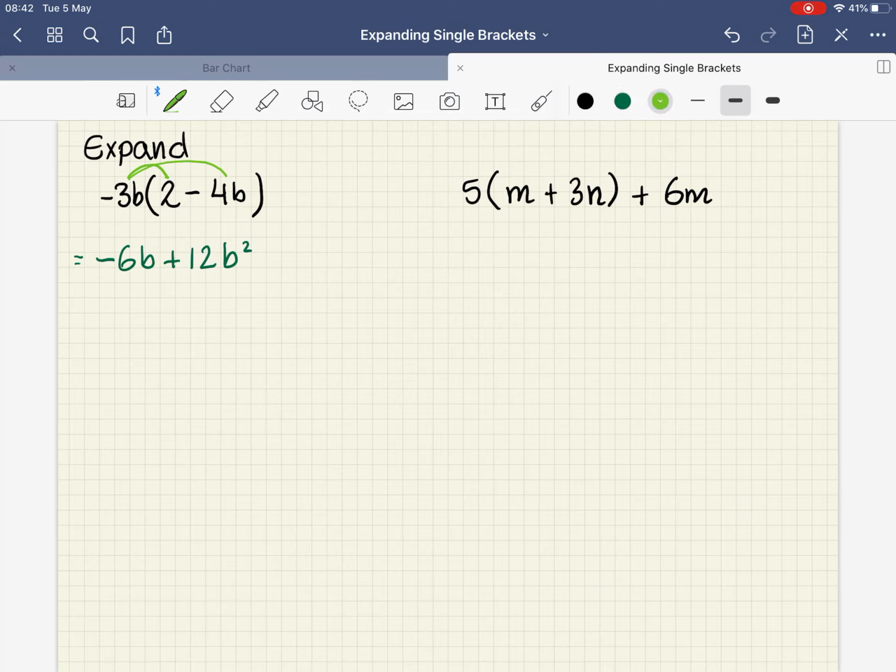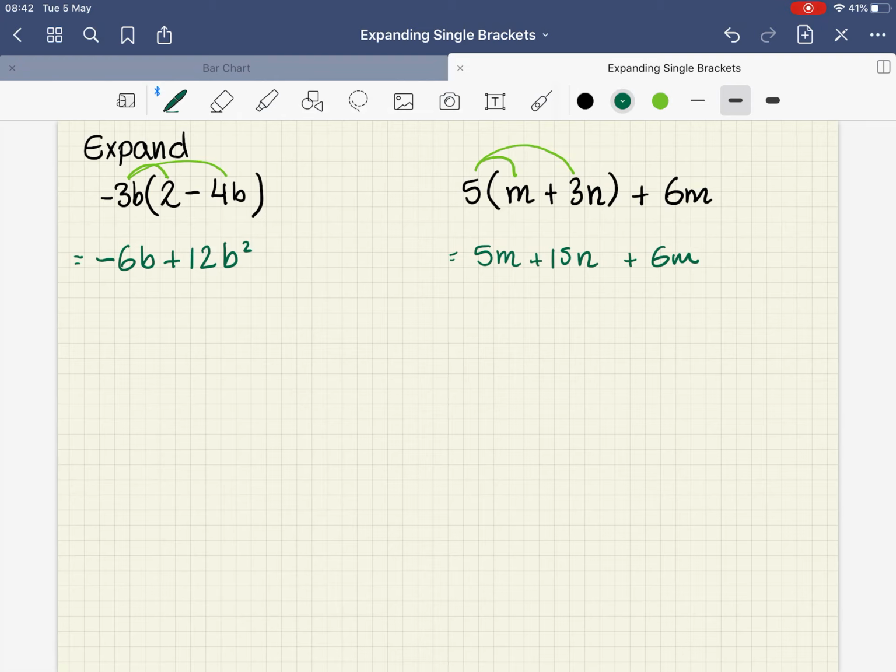So next one then, I've got 5 times m, so that is just going to be 5m, and then 5 times positive 3n, so 5 times 3 is going to give us 15, and then that n sits there. And then I've got that plus 6m, which I've just left alone.